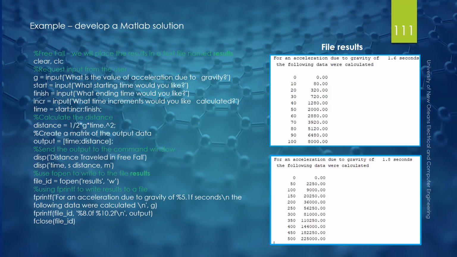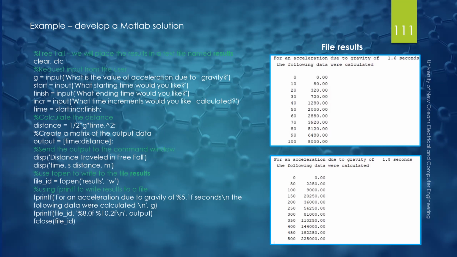Now I'm going to use the fprintf command to write the results that I have from output into that file that I created. I have two fprintf statements here. The first one is just a heading for the information that's going to follow.